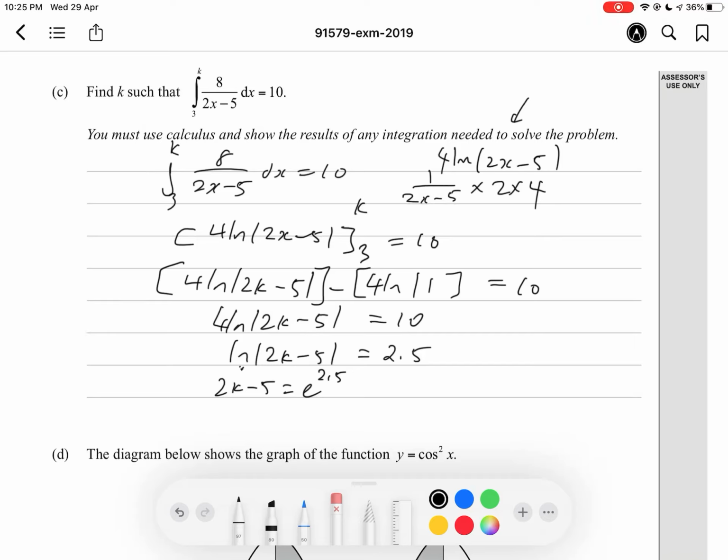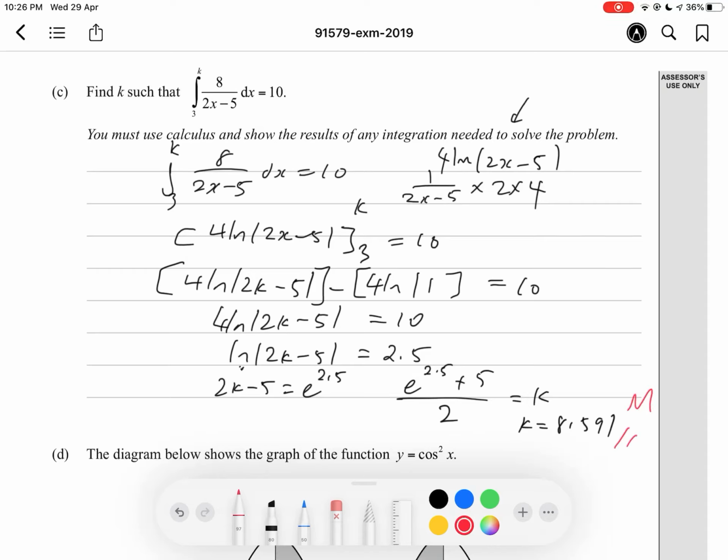And therefore e to the power of 2.5 plus 5, divided by 2, equals k. So we should get that our k value equals 8.591.